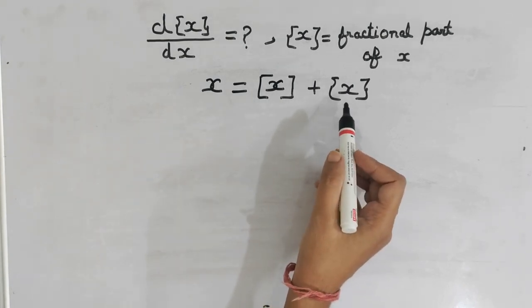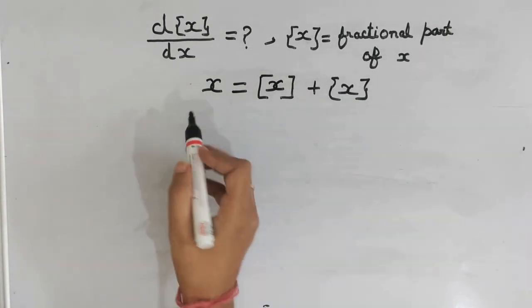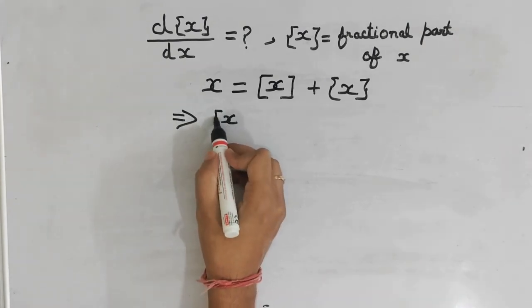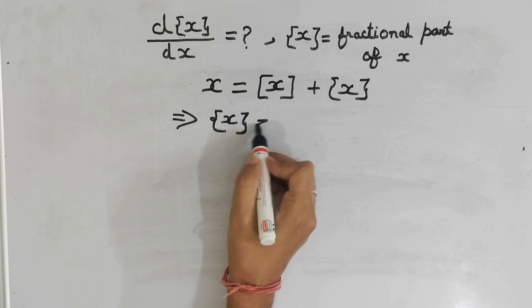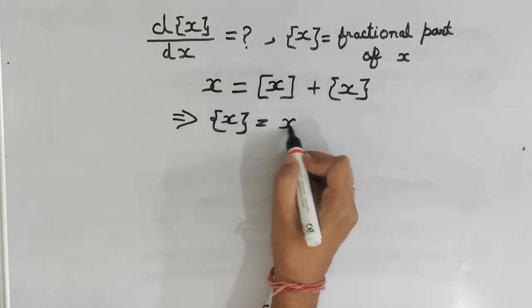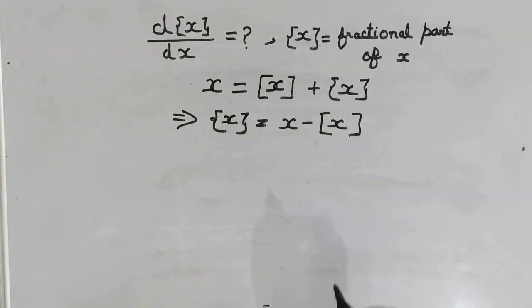Now, if I want to find the derivative of this, how can I find it? From this equation, if I take the greatest integer part to this side and x to the other side, I can write the fractional part of x equal to x minus the greatest integer function of x, right?